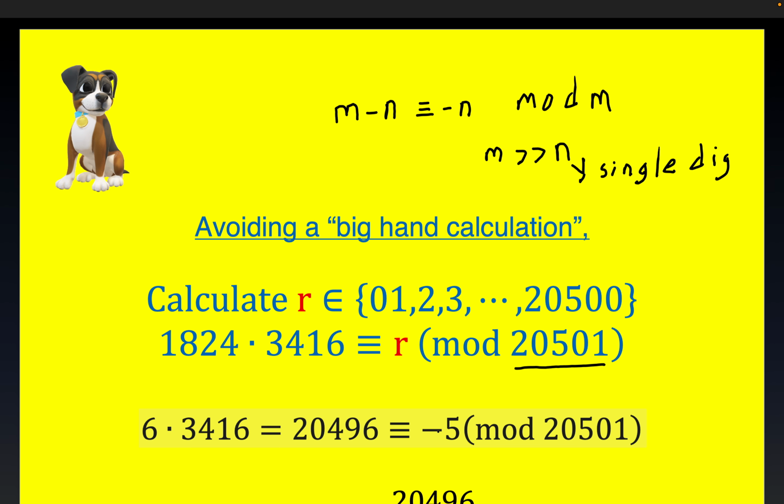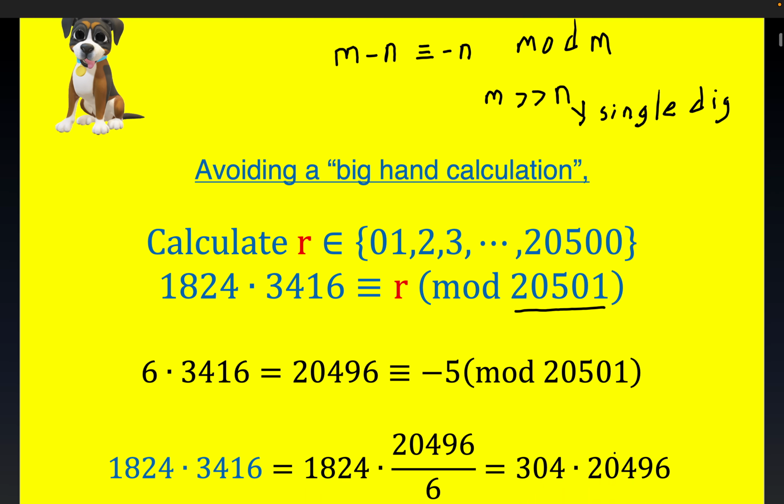In fact, it's congruent to -5. Notice that 20,496 is congruent to -5 because that's the same as 20,496 plus 5, which is the modulus itself, right? So we've made some progress already by getting a product that is close to the modulus.